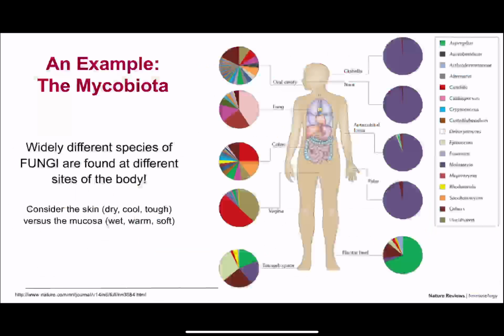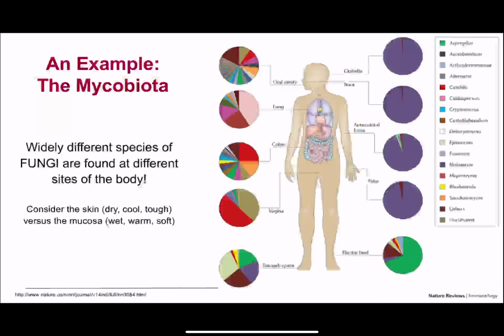If you look at the colon versus the lung, because we talked about the GI tract, versus the oral cavity, so those are the 3 mucosal surfaces we talked about last hour, just look at the differences in the color distribution. Those are all the differences in the fungal microbiome, and this is just fungus, and that's a minor part of our microbiome. Those are all the differences just at sites in a single individual. So again, that specialization or that difference in exposure and environmental conditions.